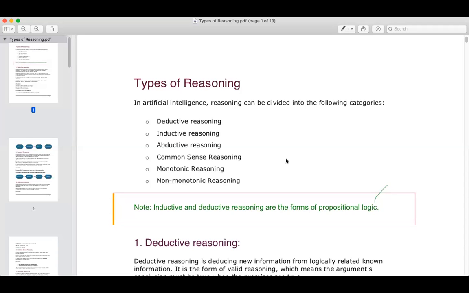Now, types of reasoning. First of all, what do you mean by reasoning? What does it actually stand for? Reason is something, a fact, that derives.